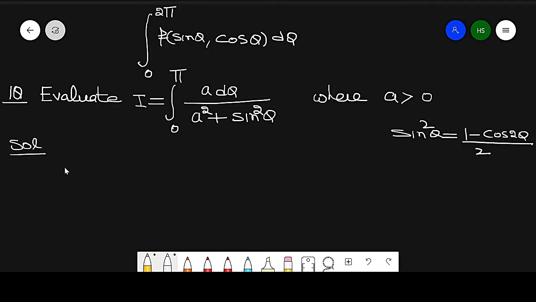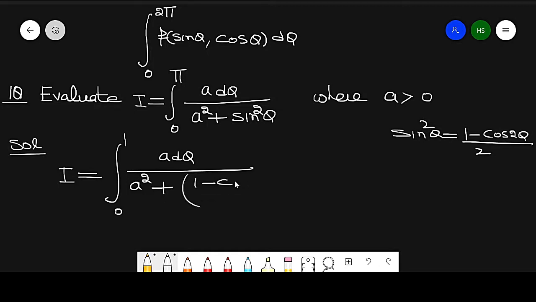So just substitute this value, I get I equal to integration 0 to pi, a d theta over a square plus (1 minus cos 2 theta) over 2.